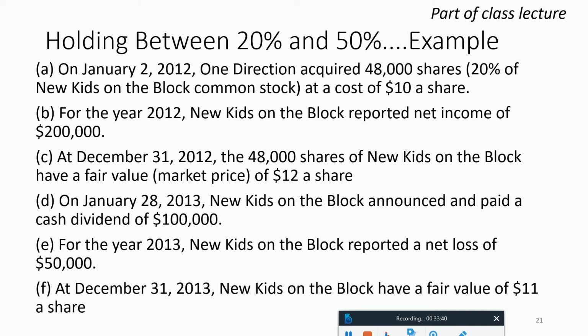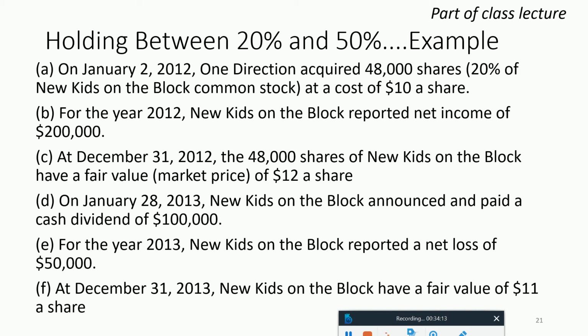However, One Direction only owns 20% of that company, or of New Kids on the Block. Therefore, One Direction's proportion is not $200,000, but is $40,000. So the journal entry is going to be a debit to equity investment, $40,000, and a credit to investment gain, or earnings in equity.